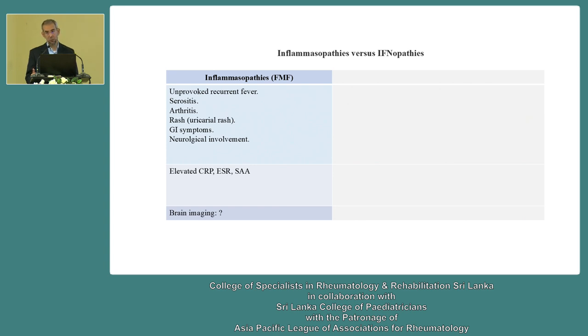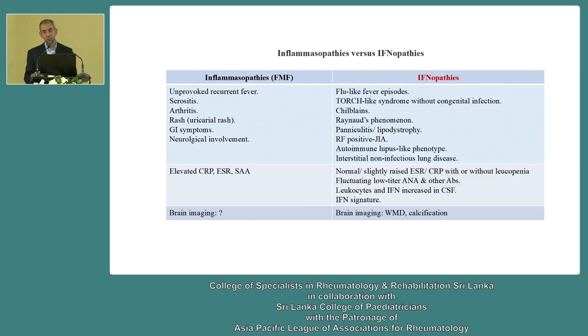They may have neurological involvement, but it's not common. They have elevated inflammatory markers, acute phase reactants and serum amyloid A, mainly during the attacks. If not treated properly, they may have high systemic serum amyloid A because of the accumulation of this protein. And in regard to brain imaging, typically there is nothing there with the inflammasomopathies.